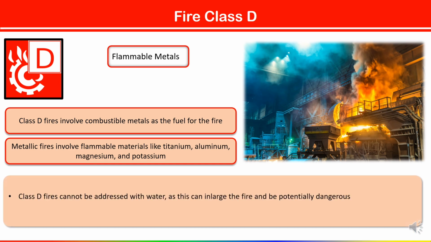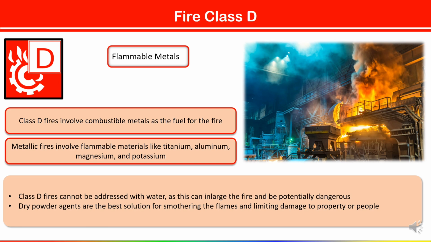So class D fire cannot be addressed with water, as this can enlarge the fire and be potentially dangerous. So remember, never use water to extinguish class D fire. This point you have to remember here. And dry powder agents are the best solution for smothering the flame and limiting damage to property or people.